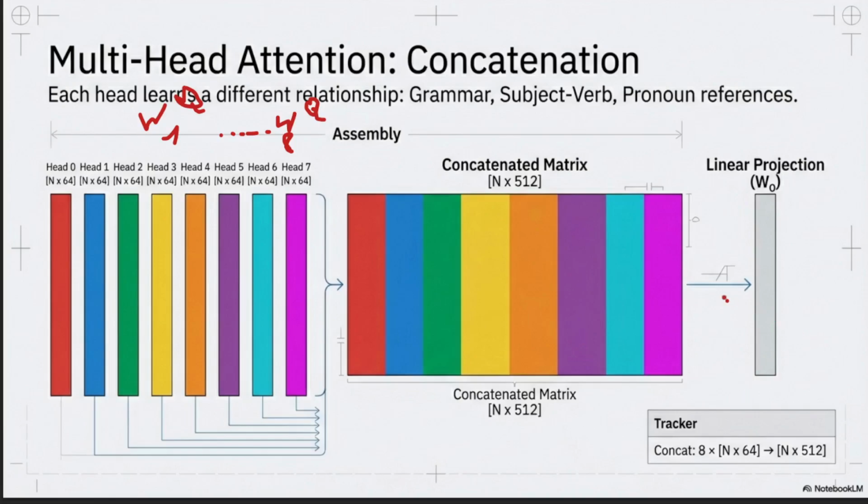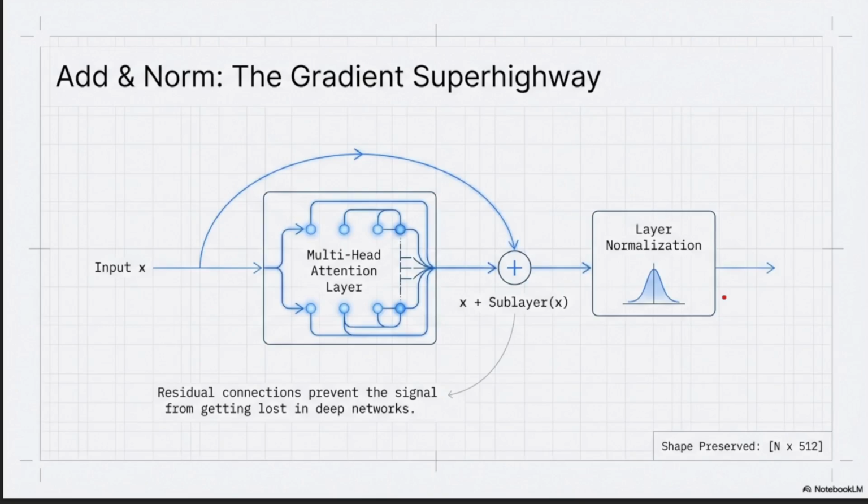Once we do that, we do the add and norm. We add the residual connection. We take the original input X we started with and add it to the output of the attention block.